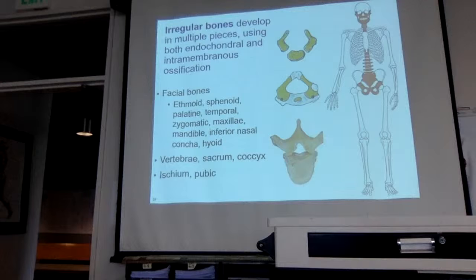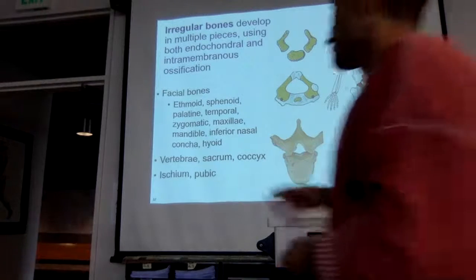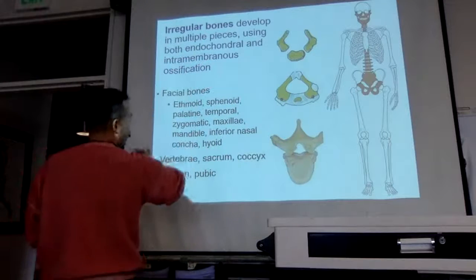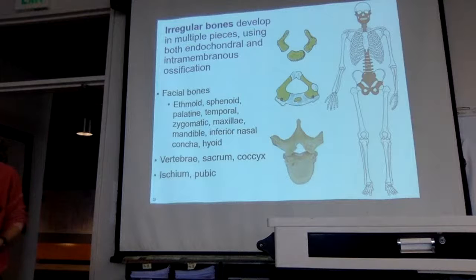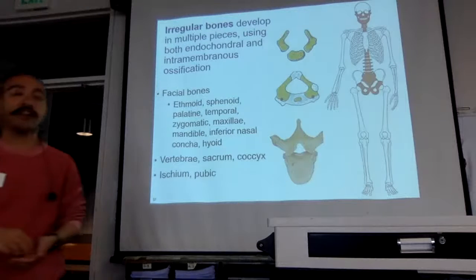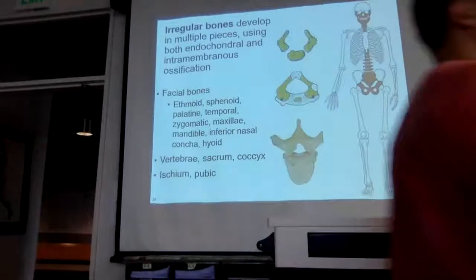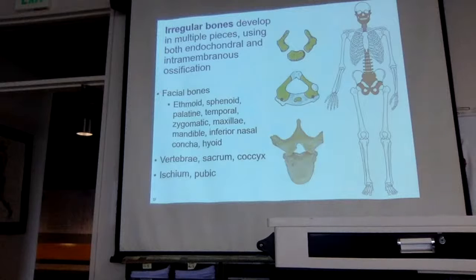It doesn't necessarily form an irregular shape. So there's a lot of facial bones, vertebrae, and parts of your hip bones that are irregularly shaped. Those are all the bone shapes.